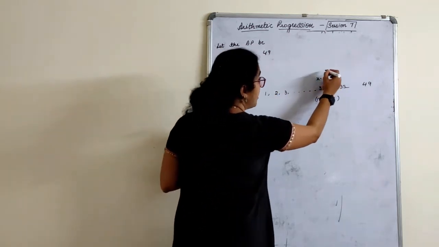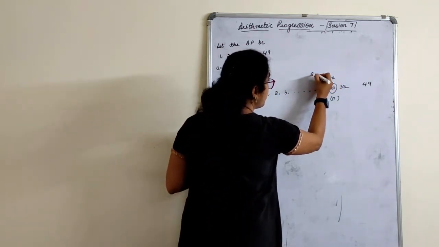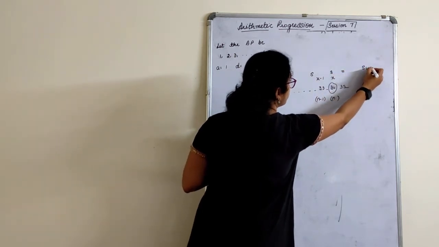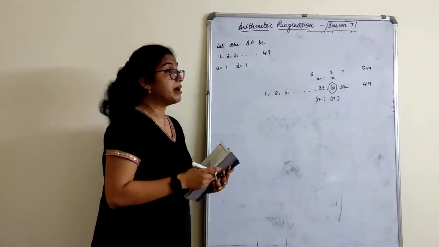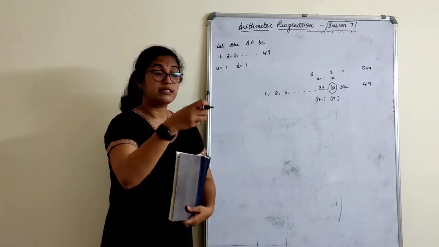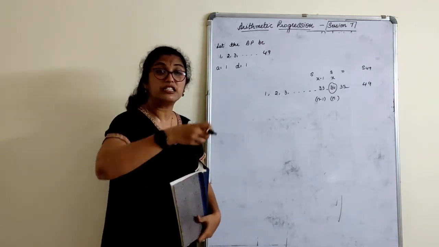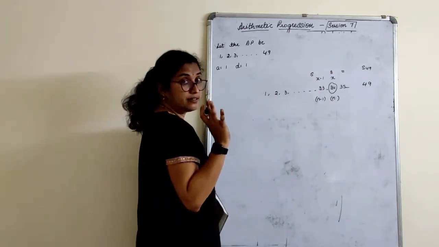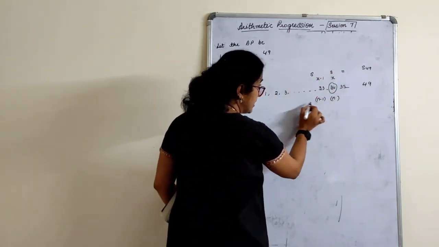Suppose if I add the sum of this and sum of this, I will get S49. But which sum I am adding? Is it 34th? Is it 33rd? Is it 35th? Is it 24th? I don't know. Some random number in between here. But did you understand this concept?